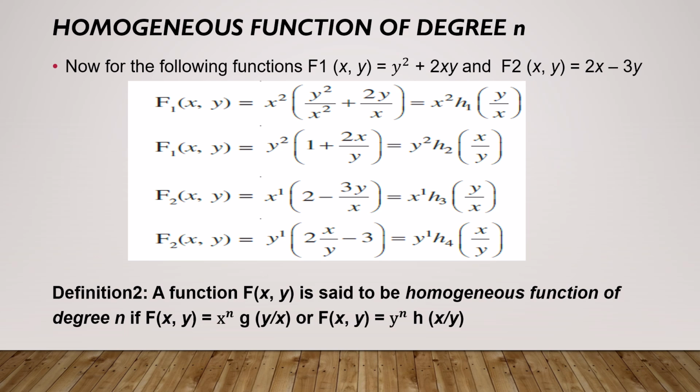So basically, a function f of xy is said to be a homogeneous function of degree n if f of xy is equal to x raised to n into some function g of y upon x, or alternatively y raised to n into some function h of x upon y. Now see, the first definition and second definition are both definitions of a homogeneous function of degree n. So these are alternative definitions of a homogeneous function of degree n.